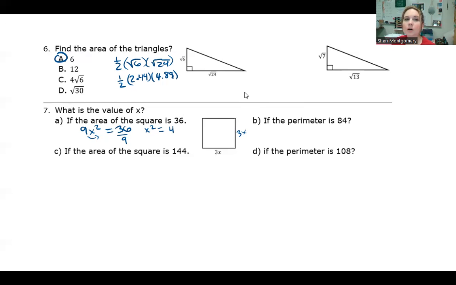All right. So we want to know what x is, and right now we know x squared. So we're going to have to square root 4. What's the square root of 4? No, it's the square root of 4. 2. So x is equal to 2.